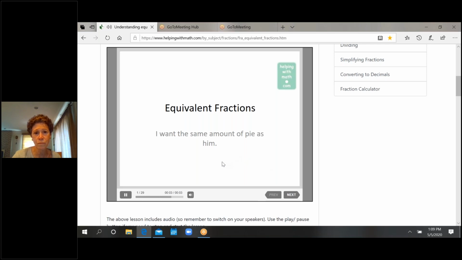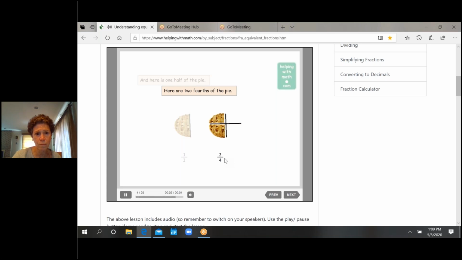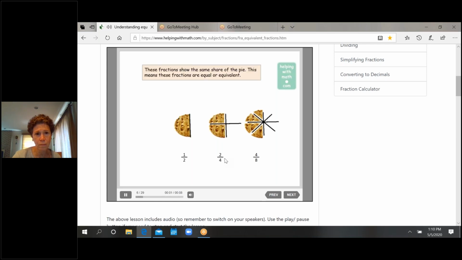Equivalent fractions. Here is 1/2 pie. And here is 1/2 of the pie. Here are 2/4 of the pie. Here are 4/8 of the pie. These fractions show the same share of the pie.